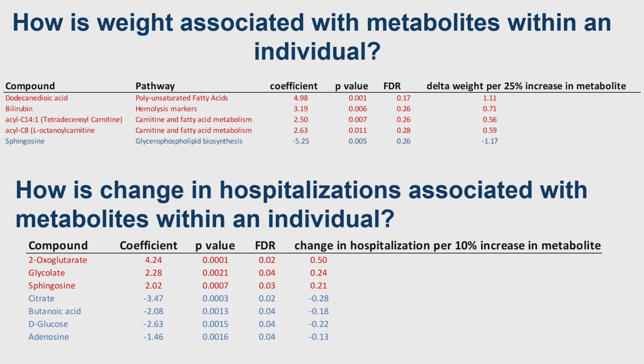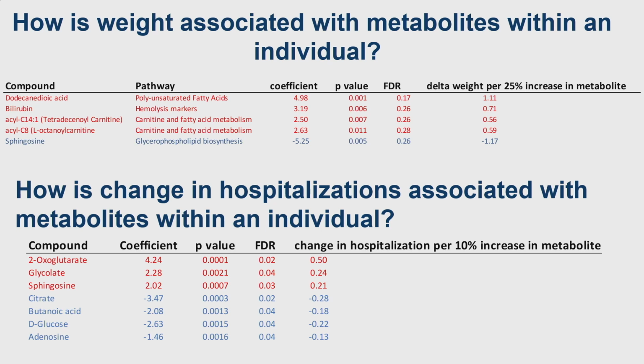So per 25% increase in dodecanoic acid, for example, we see a 1.11 kilogram increase. And so if you look at the p-values and the FDR, you can see that you lose significance when you do multiple corrections, but it's a small group, and this is something that probably should be studied in bigger detail, which we hope to do when we are doing this in a larger cohort.